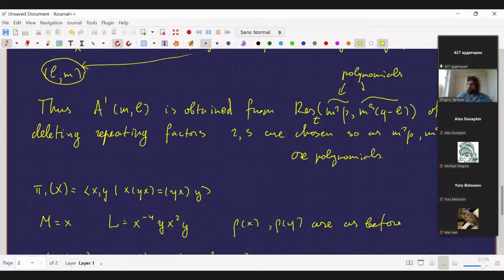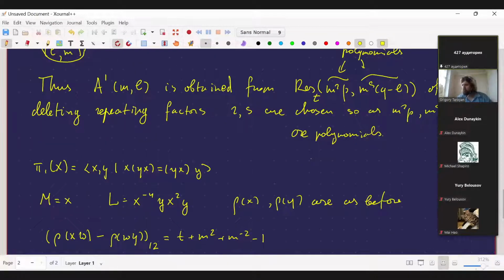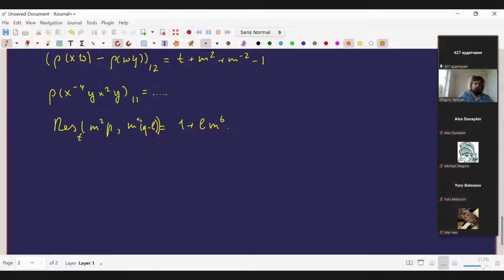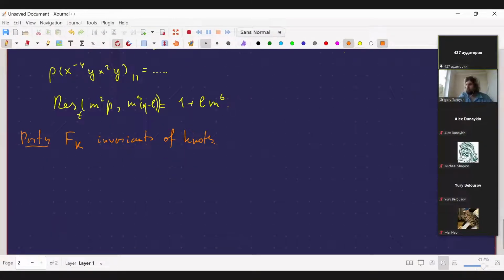Okay. Now we move on to FK invariants. Okay, so first of all, I recall the large polar expansion for the Jones polynomial.